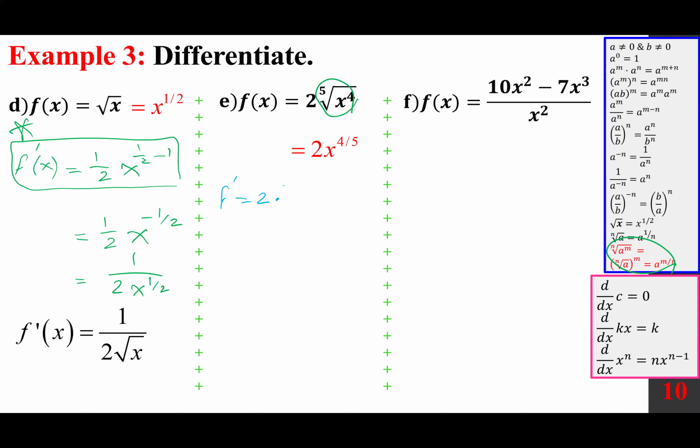F prime is 2 times 4 over 5 x to the power of 4 over 5 minus 1, which is 8 over 5 x to the power of -1/5.